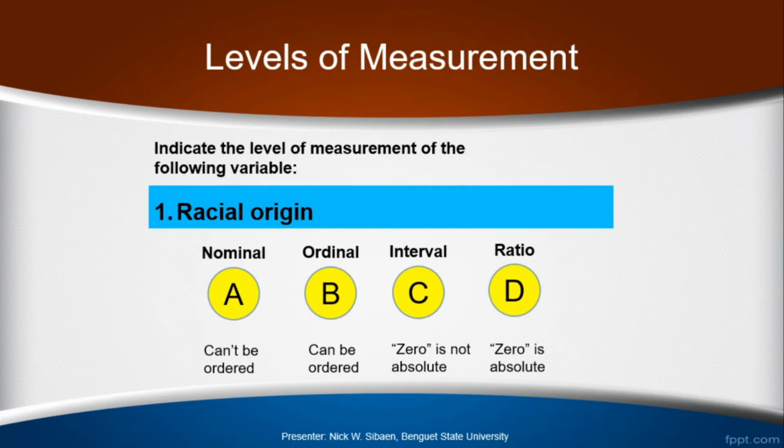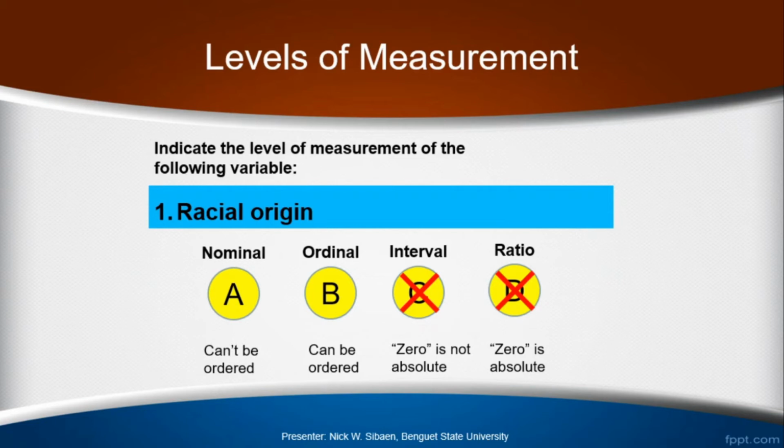What do you think? Racial origin. Is it nominal, ordinal, interval, or ratio? Racial origin is a variable. Let us identify its level of measurement. Is racial origin numerical? No. That's why it cannot be interval nor ratio. So we can put those out from our options. Our remaining option is either nominal or ordinal.